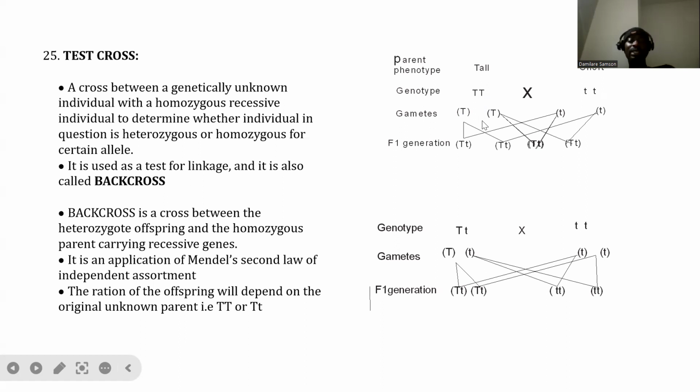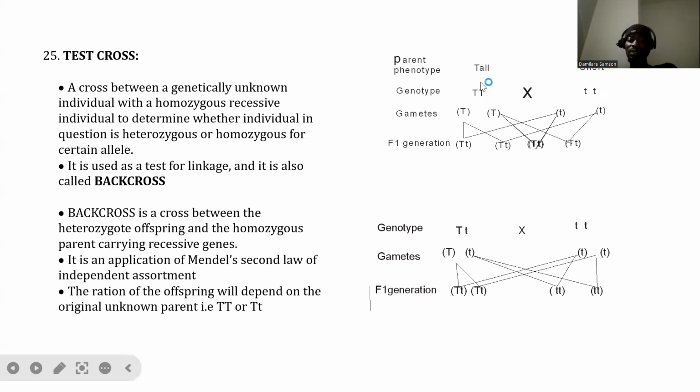Or they can just give an explanation: the genetically unknown species gives rise to this and that. By the time they begin to tell you genetically unknown, you should know they are talking about test cross and backcross.